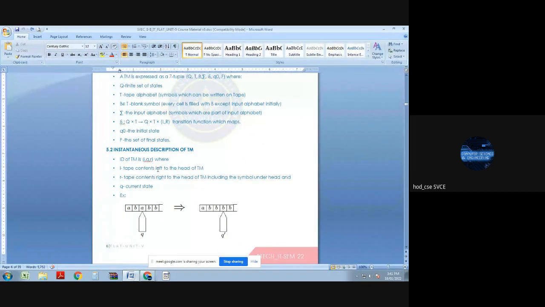The output will be L Q R, where L is the tape contents to the left of the head, R is the tape contents to the right of the head of the Turing machine, and Q is the current state. So what are the left-hand side symbols, what are the right-hand side symbols, and what is the current state?